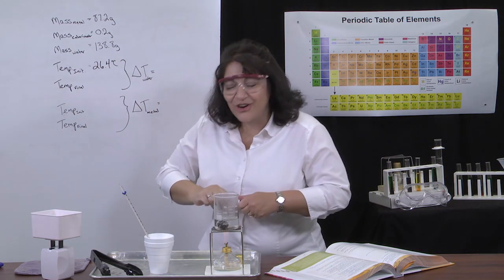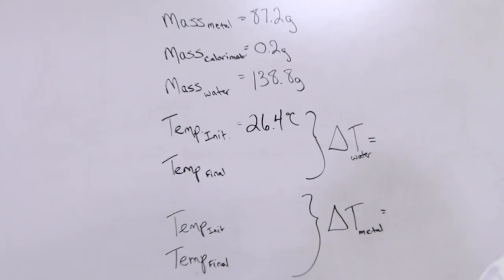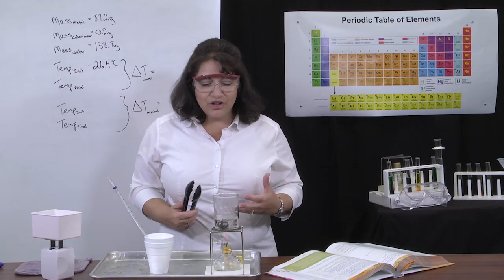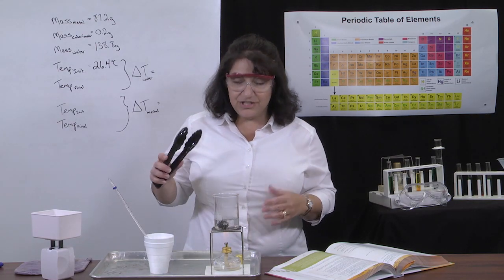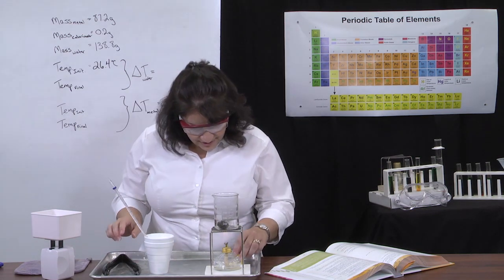That's the temperature I'm starting out with. Okay, now you can see that my water is boiling nicely with my metal, and it's been in there long enough now to have come to the same temperature as the water, which is boiling temperature, 100 degrees Celsius. I'm going to turn this off.